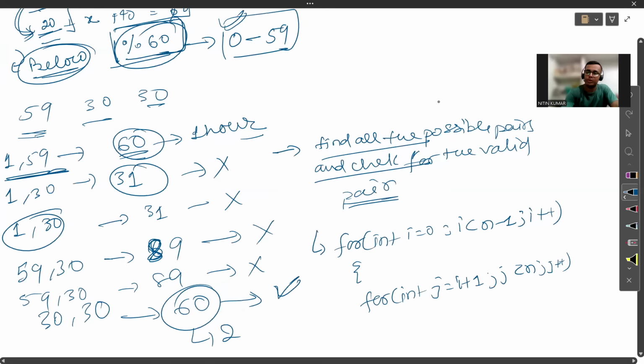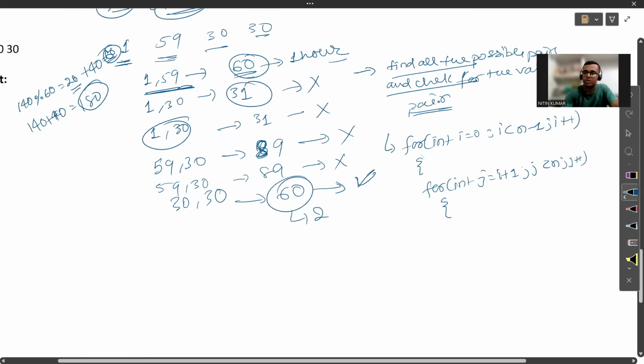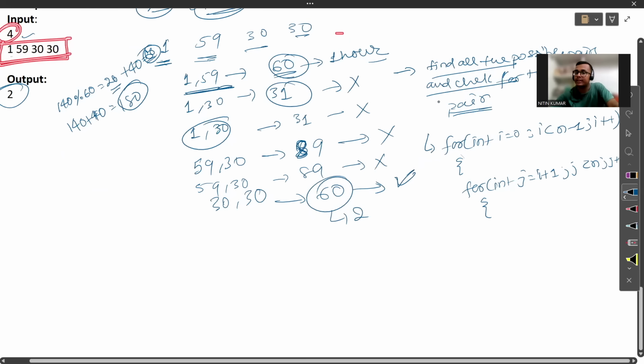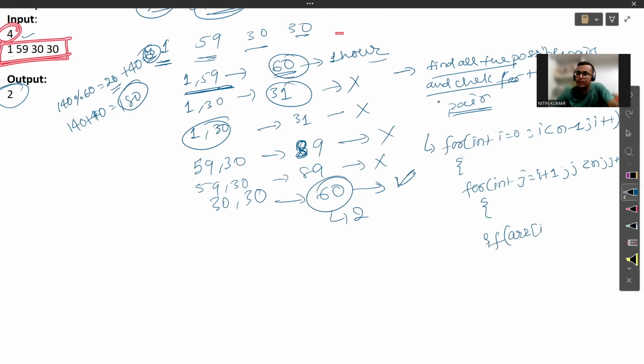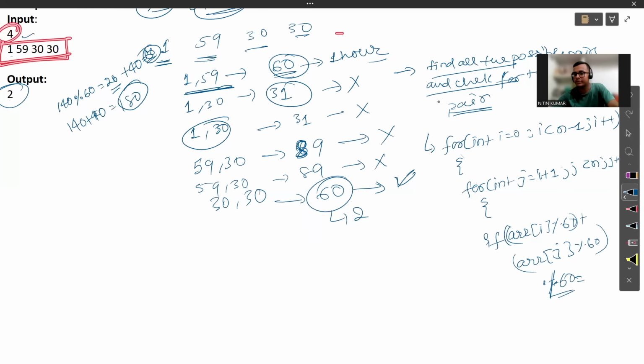And now what you are going to do is just check whether array of i modulo 60, why I'm taking modulo 60 I've explained, plus array of j modulo 60, and then take the modulo 60 of whatever the overall sum is.